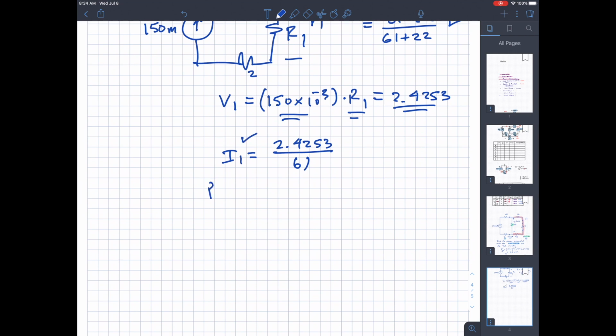If I want the power of the 5 ohm resistor, it's just going to be I1 squared times the resistance value, which in this case is 5. Let me calculate that for you.